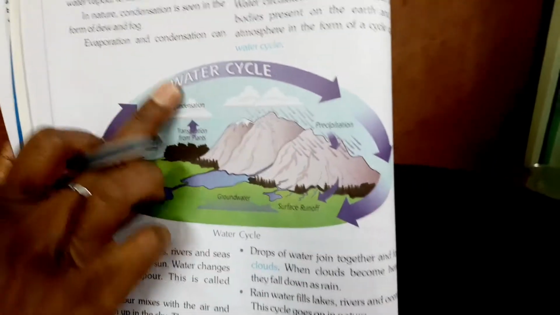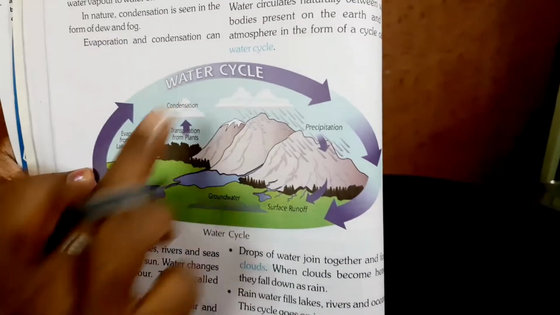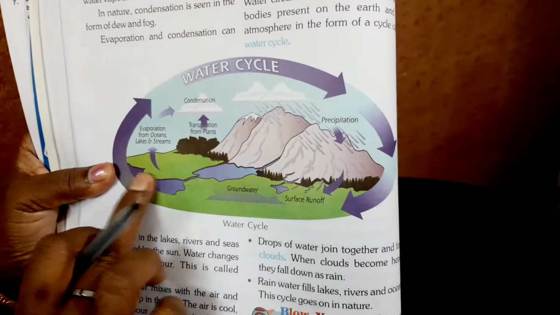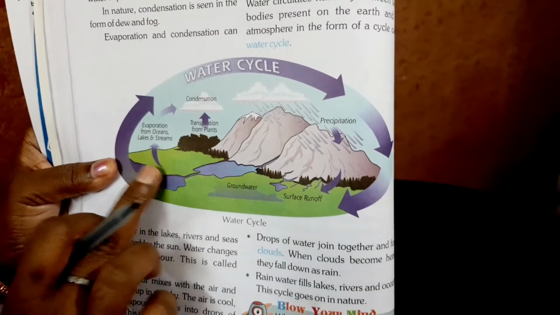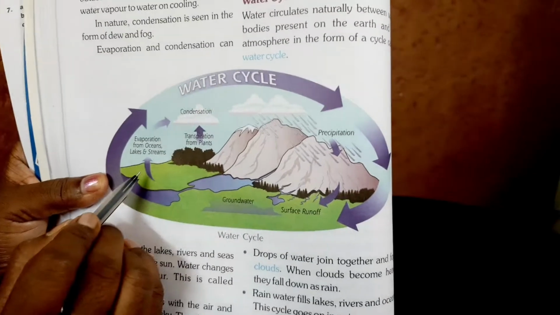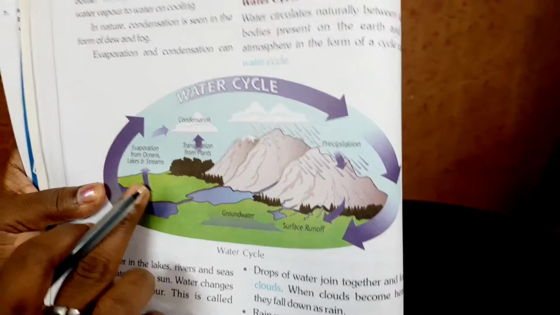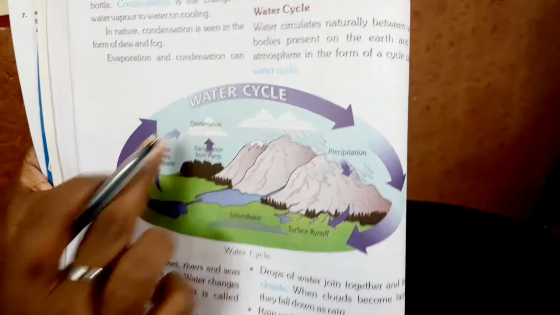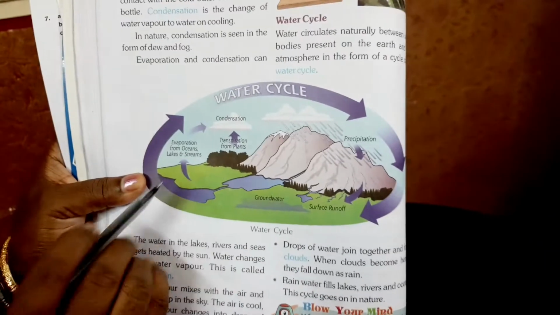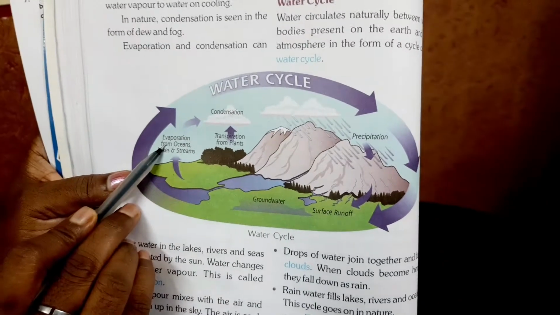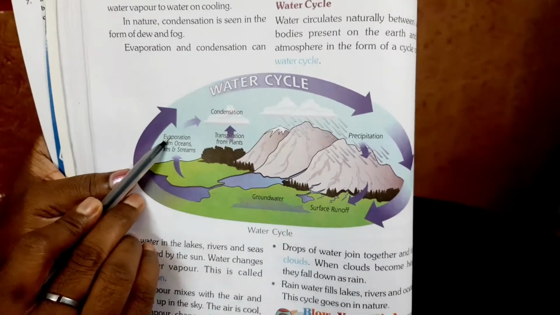When the surface water gets the sun rays, the water gets heated up. When the water becomes warm, it becomes steam, vapor, and rises up into the atmosphere. The changing of water to water vapor is called evaporation.